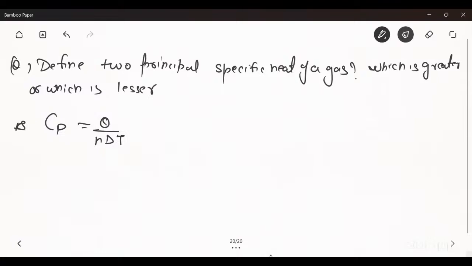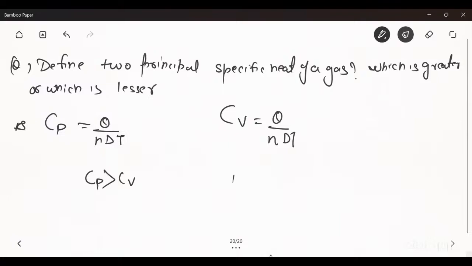And Cv is the heat supplied to the system to raise the temperature of 1 mole of gas by 1 degree Celsius at constant volume. And we know that Cp is greater than Cv.